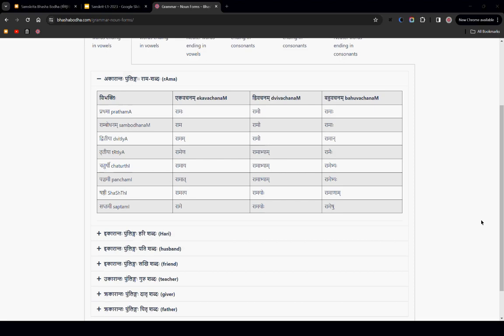I'm playing with the ball. There it is instrument because I'm playing with the ball, and in case of Sanskritam it is a karana karakam. Then we apply the tritiya vibhakti, third case affix.